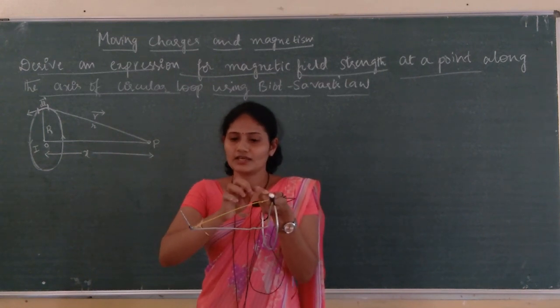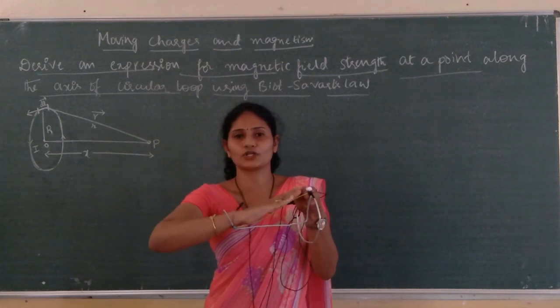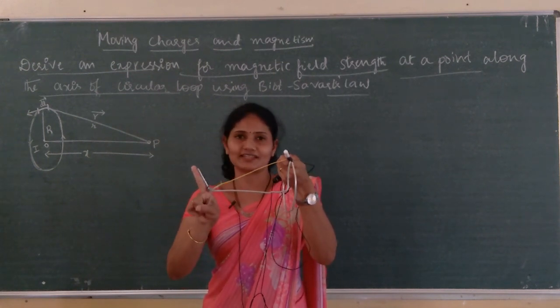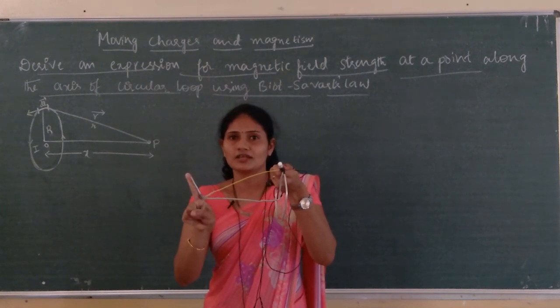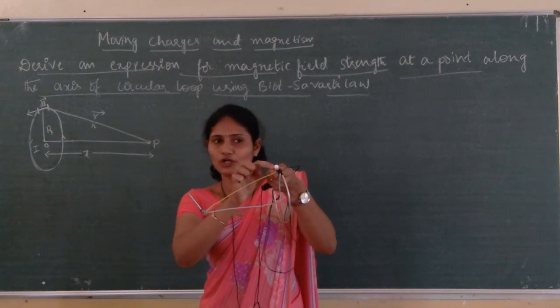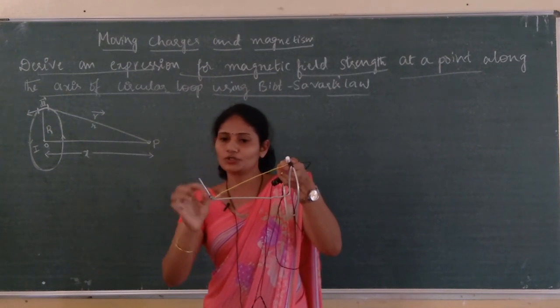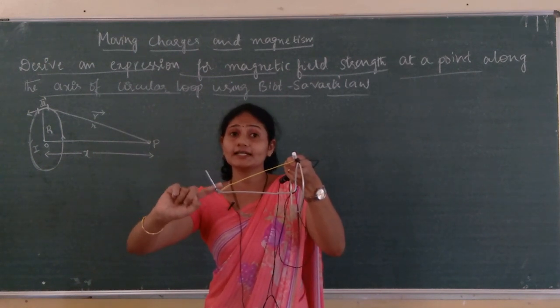The direction of dB is like this: perpendicular to the dl vector and perpendicular to r. So, this is the direction of the magnetic field dB.